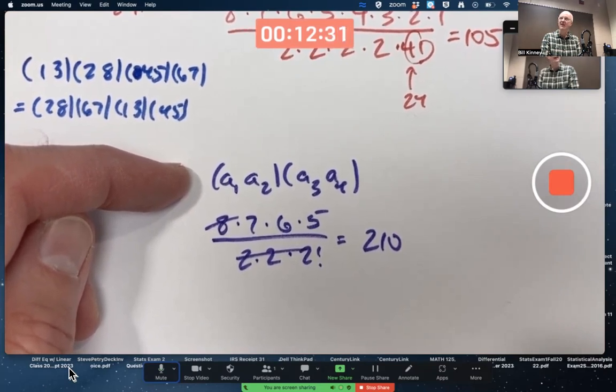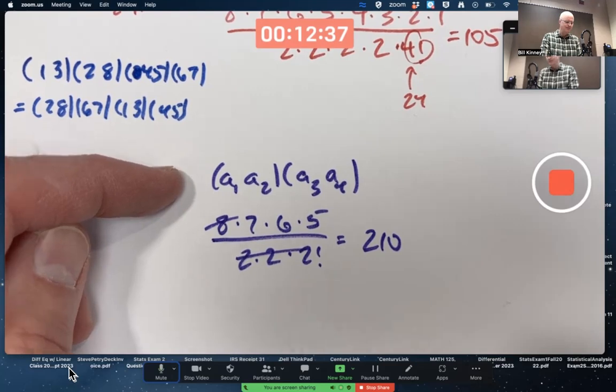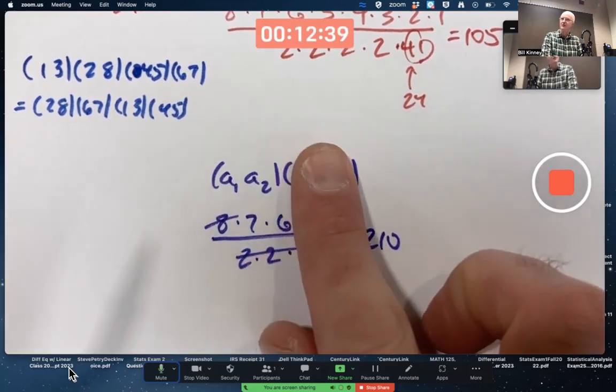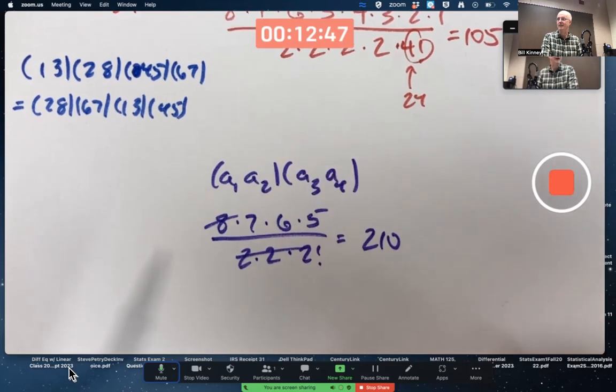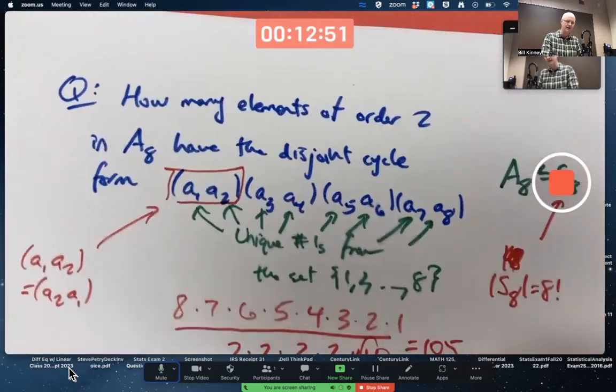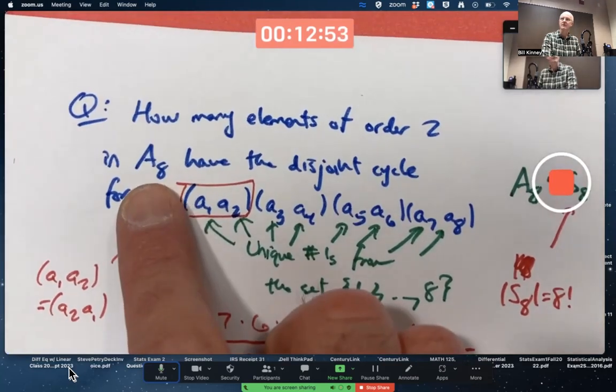Are there any other elements of A8 that have order 2? A single 2 cycle is not in A8 because it would be an odd permutation. 3 of them would also not be in A8 because it would be an odd permutation. A8, the alternating group on 8 objects, only consists of even permutations that can be written as an even number of 2 cycles.